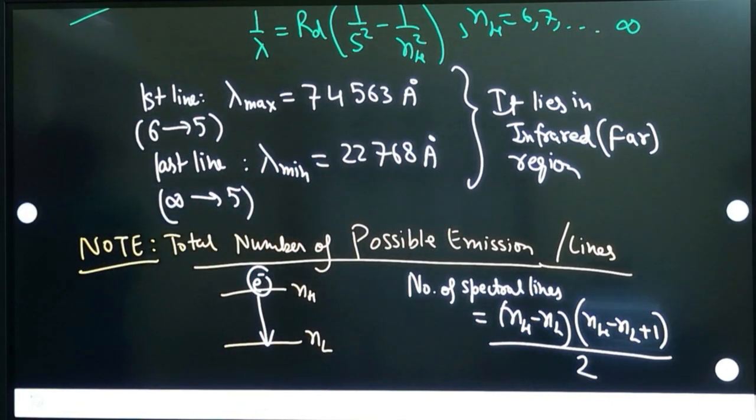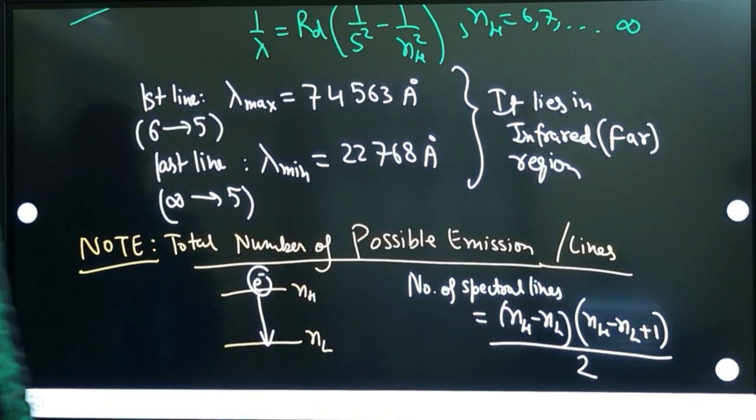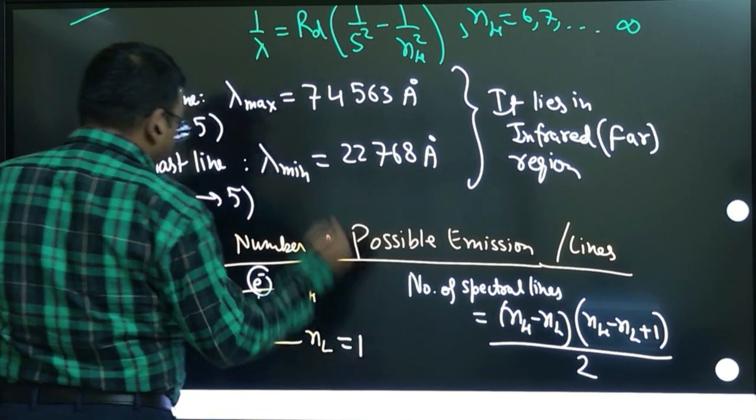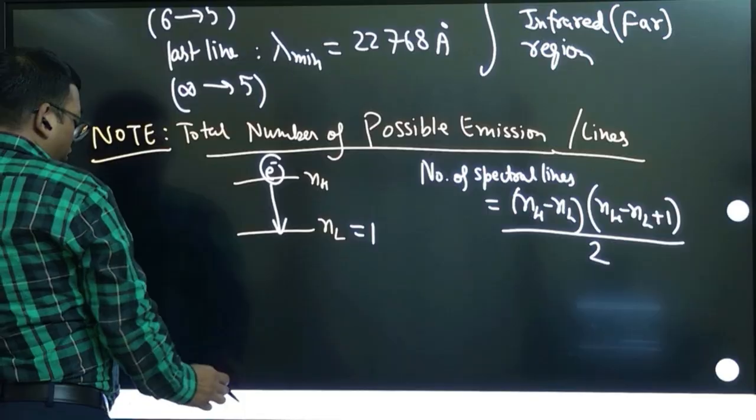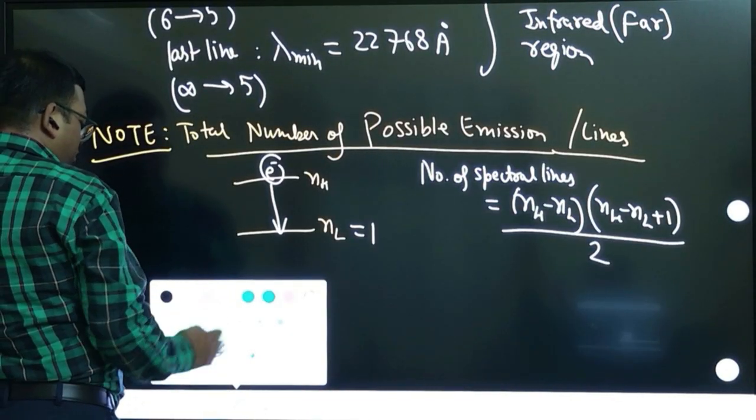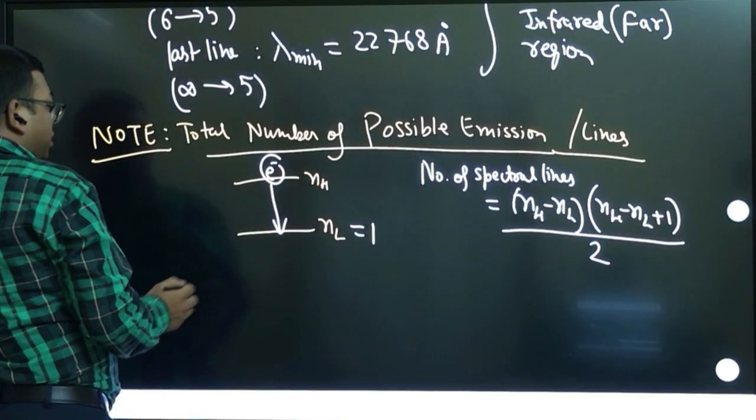That's the formula. Yes, this formula we have to remember. And generally we have to take lower as 1 only, because higher will be given. From higher to lower, how many transitions are possible? Because the lowest value will be the ground state.